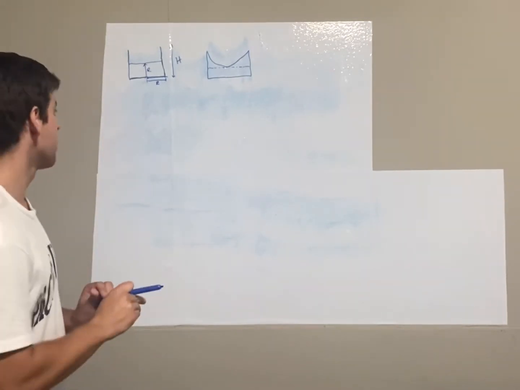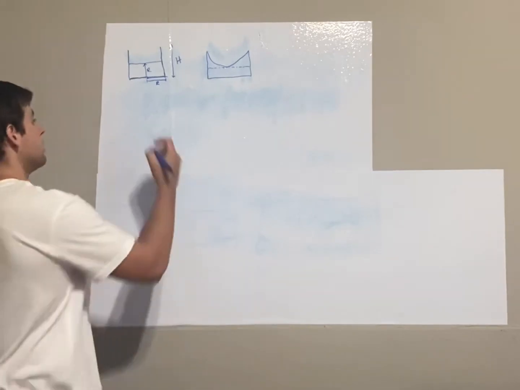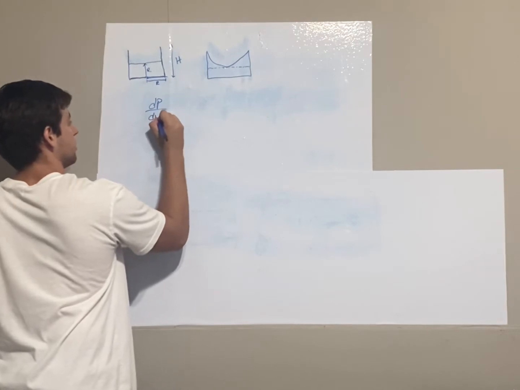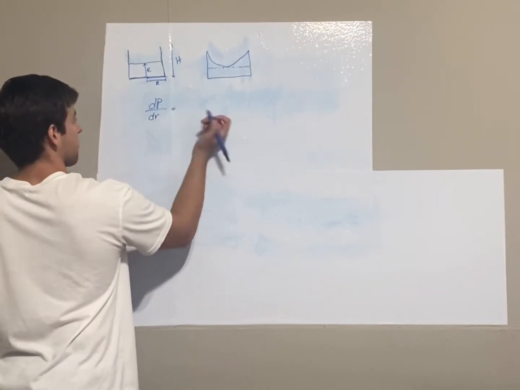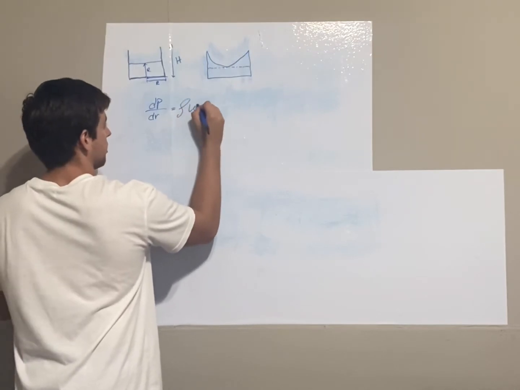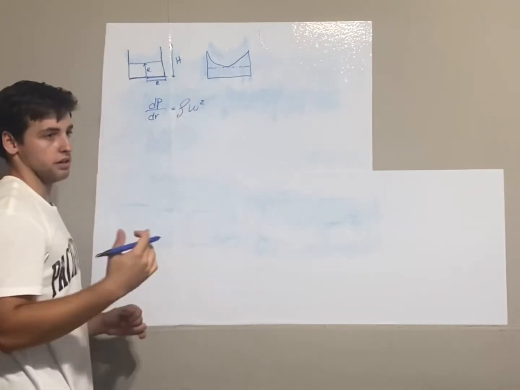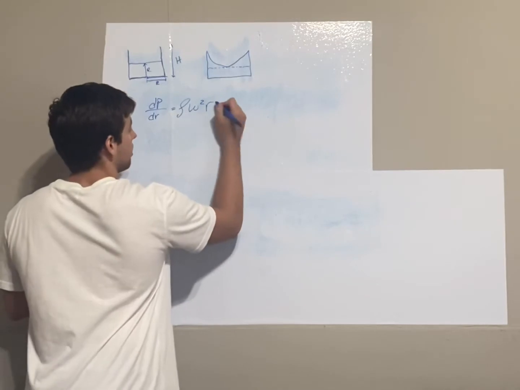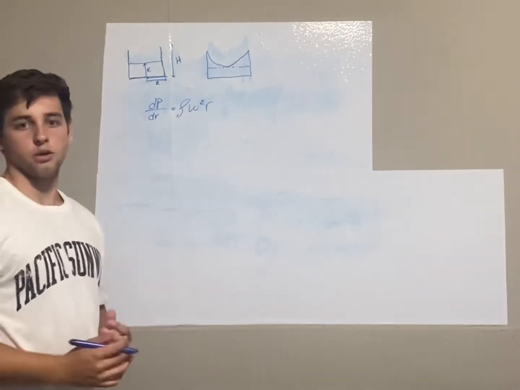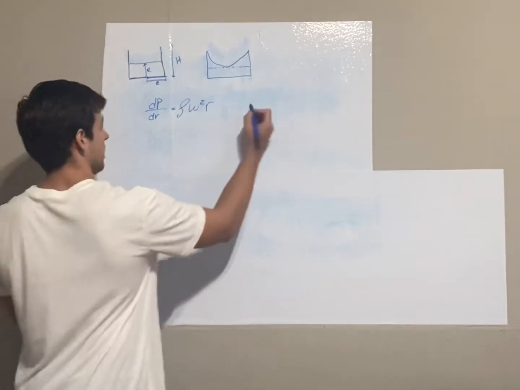edge of the cup. So to start, what we know is that the change in pressure over the change in the radius is equal to the density times omega squared, this is our angular velocity, times the radius. So once we have this, we can rearrange the equation and integrate.